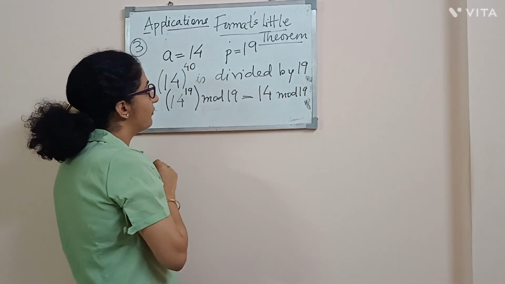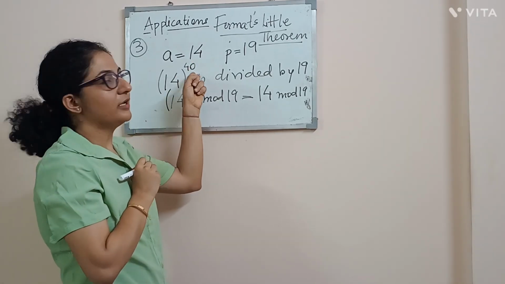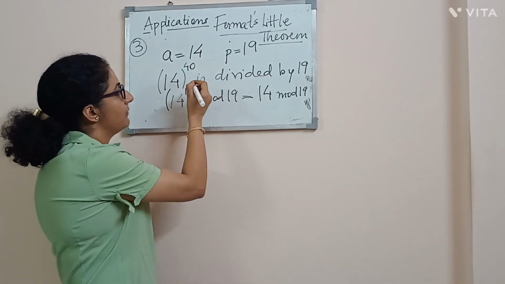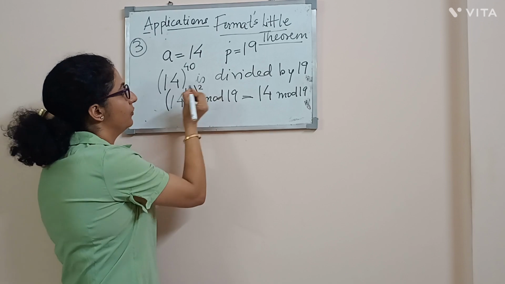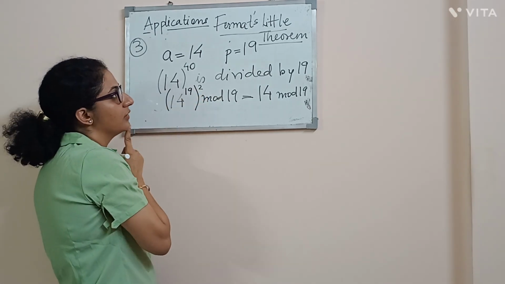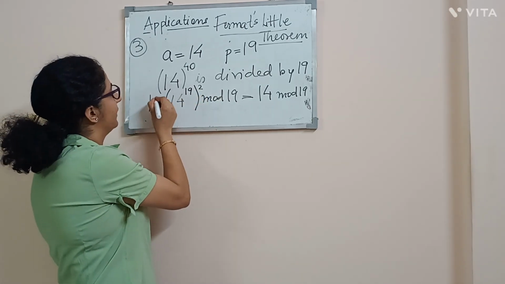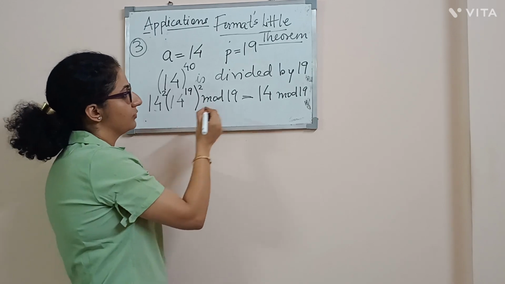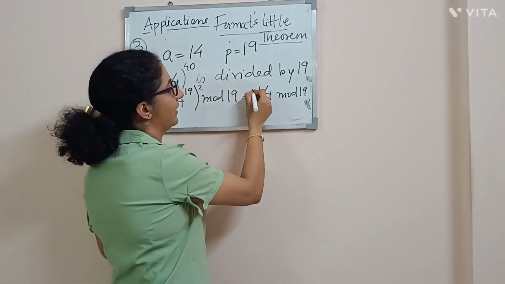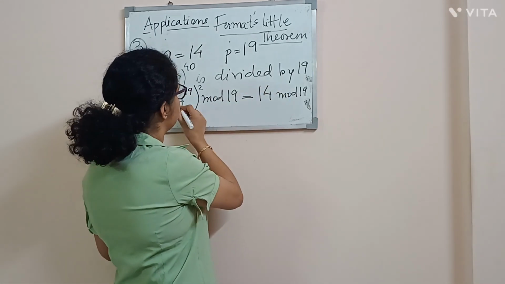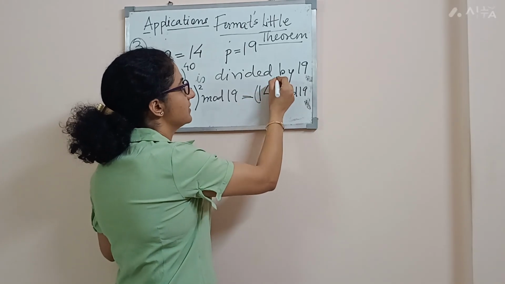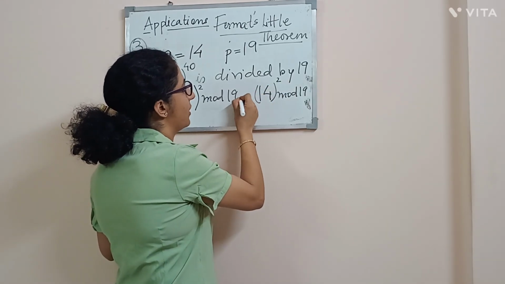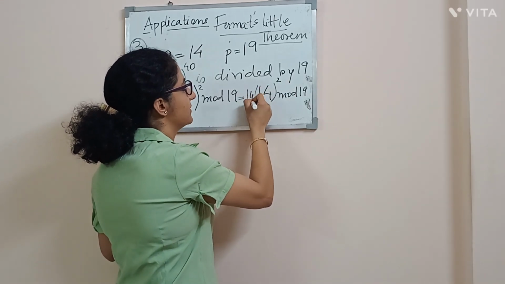We just said. But what you have to calculate? 14 raised to power 40. So 40 means you multiply this thing by 2. This would give you 38 and 14 squared. So this 14 is already there, so the square is there, then again one more 14 square is there.